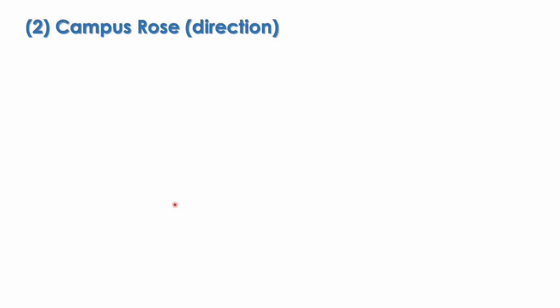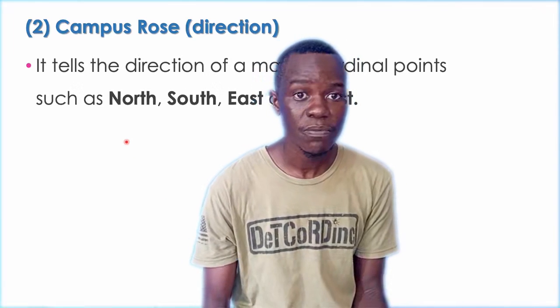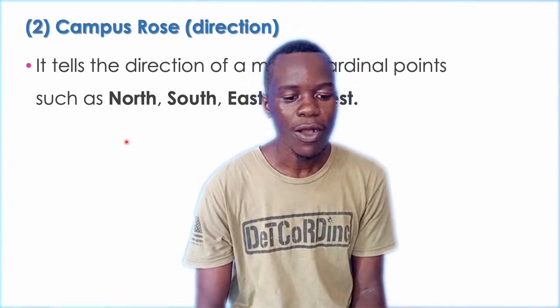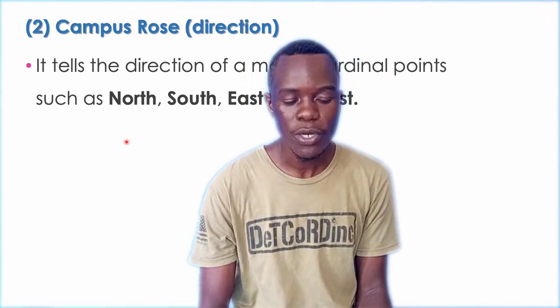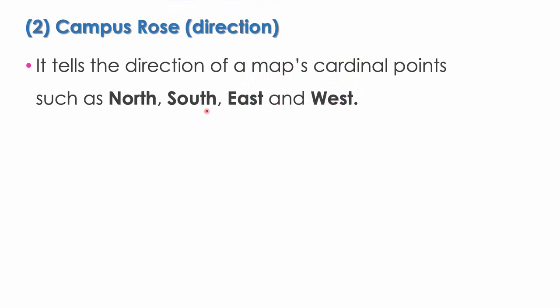The other component of a map is a compass, or in other words, a compass direction. So what is a compass direction? In simple terms, it tells the direction of the map's cardinal points, such as north, south, east, and west.